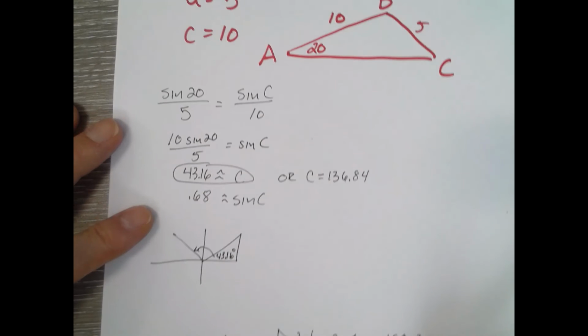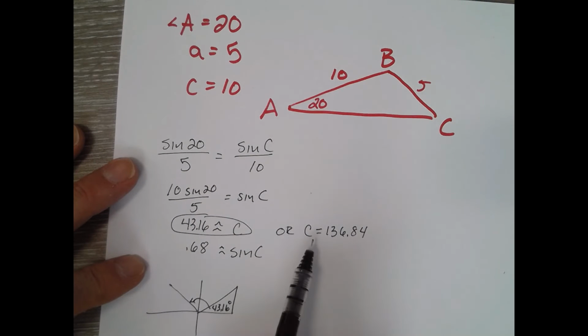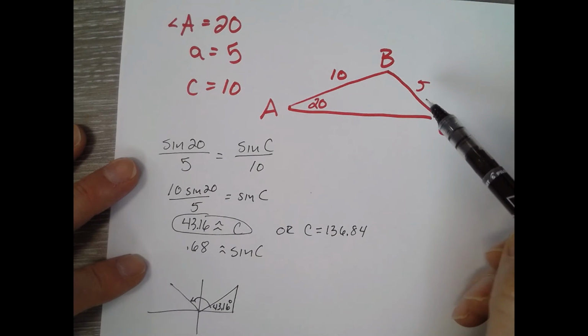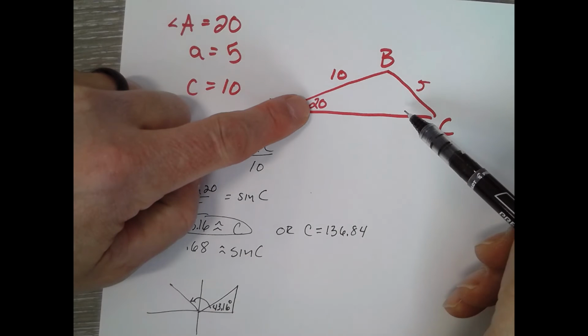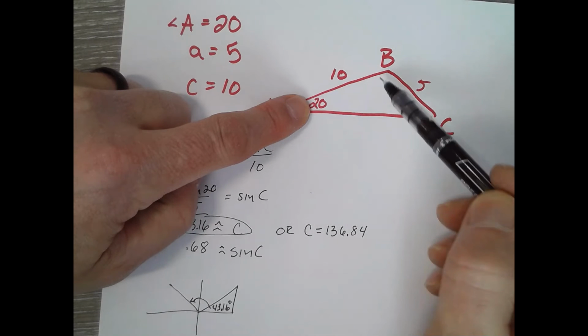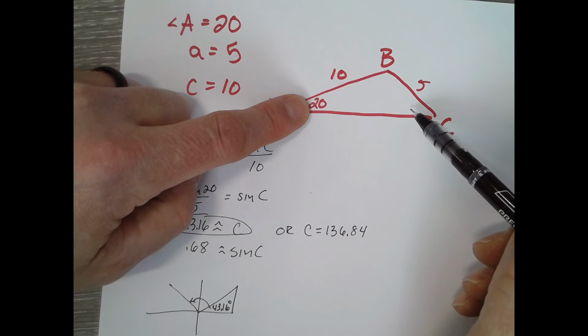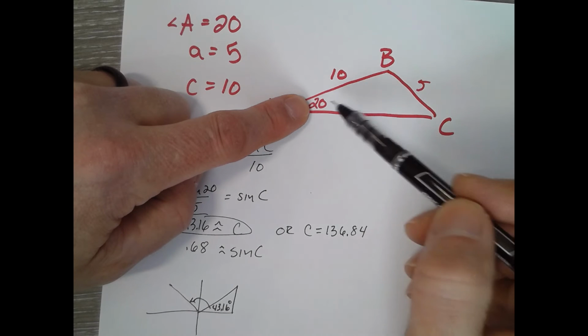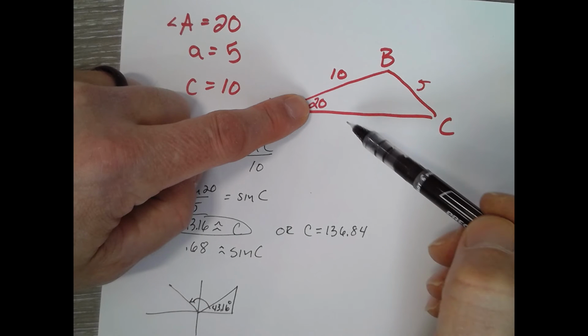Now we still don't know if we have a second triangle. We got two answers for C. Is it possible that we would have a triangle that has 136.84 and 20? Do we still have enough angle to go around to make 180? Yes, because 136 plus another 20 is 156.84.